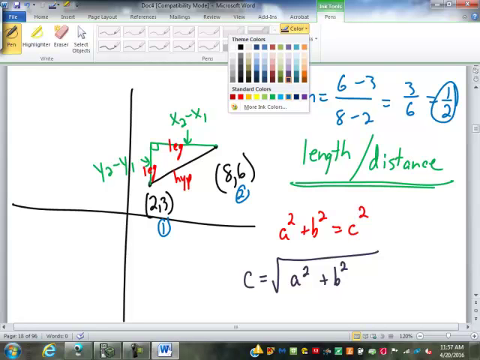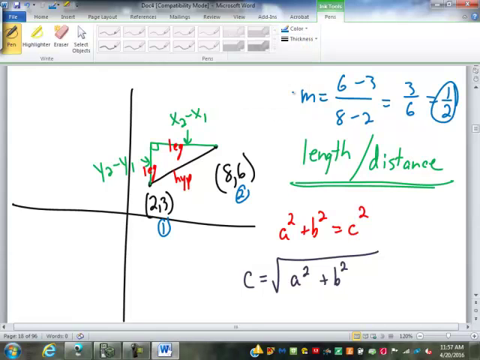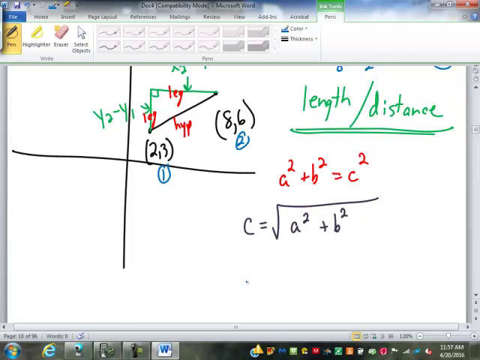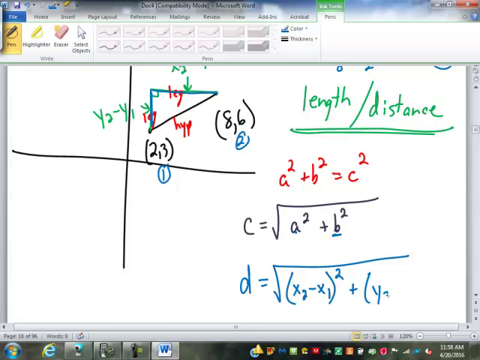Our distance, or our length, we should use d for distance, is equal to the square root of, we're going to let a be this leg here, which is x2 minus x1, and that length would be squared. Plus, we're going to let b be this leg over here, which is y2 minus y1 squared.